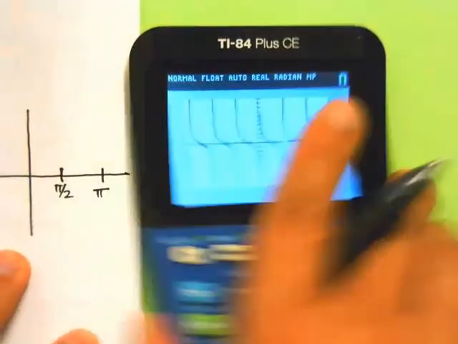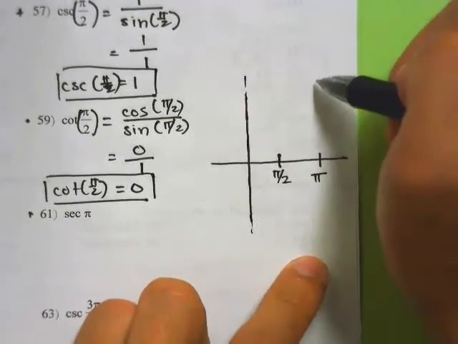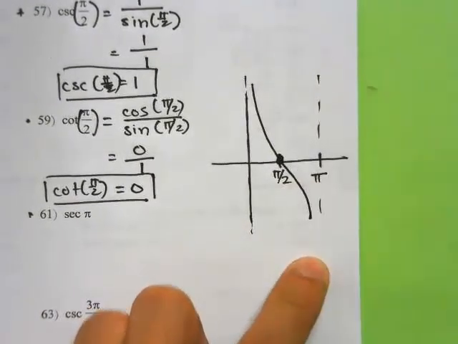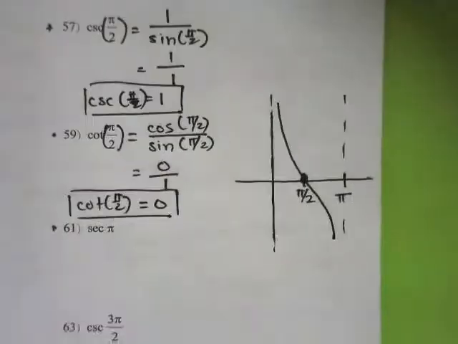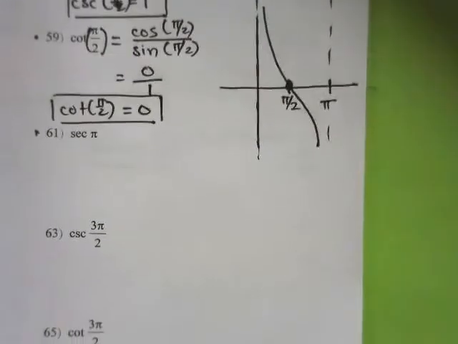It's at every pi. Every pi is the asymptote. No, we're good. Okay, so if anyone could explain to me why that's happening on the TI-84 Plus CE, maybe, you know, we'll figure it out.